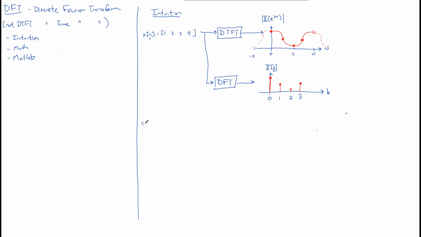Let's do one more. If we take this exact same sequence, except now I'm going to zero pad it, and I'm going to put that through my DTFT. Nick Howsand, tell me what you would expect its DTFT to look like.